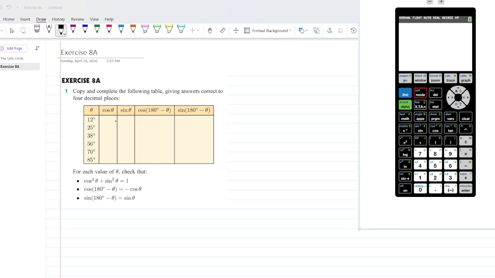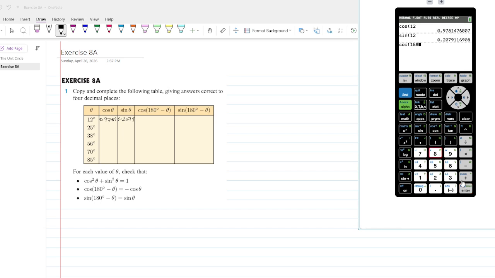So cos theta, where theta equals 12, is cos 12, and it equals 0.9781. Sin theta, so sin 12 is 0.2079. Cos of 180 minus theta, theta is 12, so this becomes cos 168.